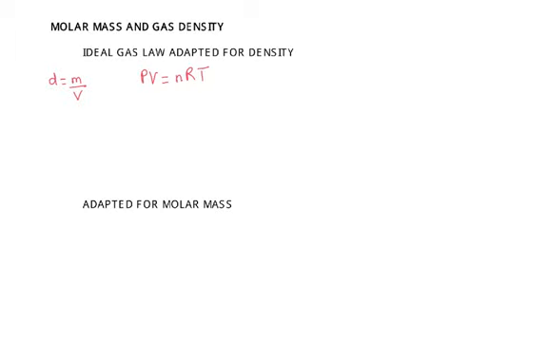We also know that moles, n, is equal to your mass over molar mass. If I wanted to find moles of something, I would take the mass of it divided by the molar mass. So capital M there, that's molar mass. So if I were to plug this in for n into PV equals nRT, I would say PV is equal to m over capital M times RT.